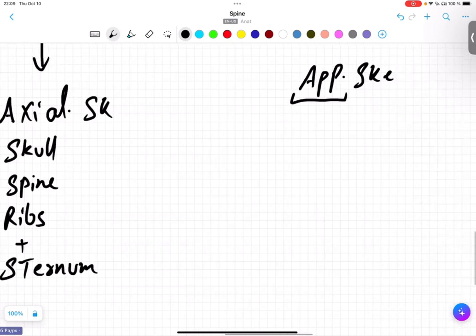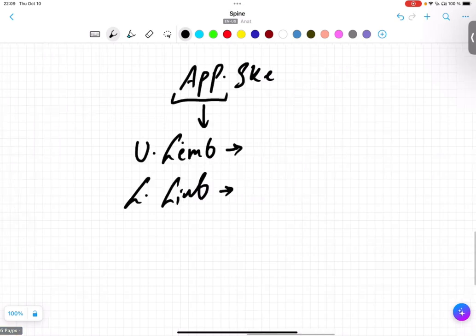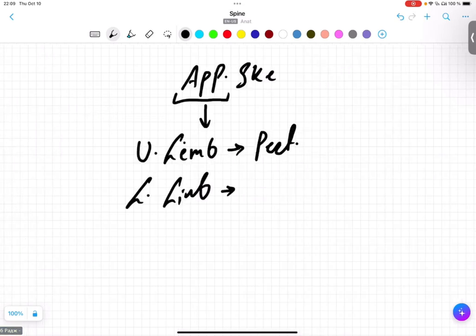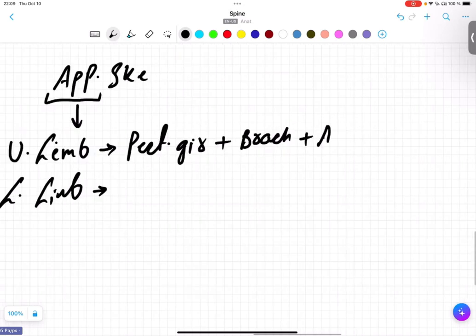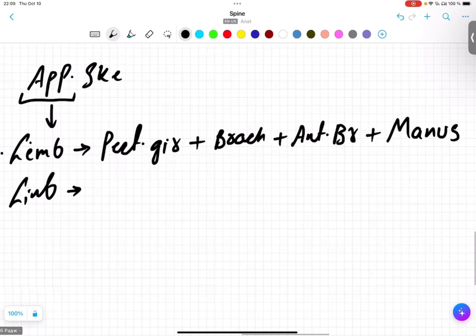What about the appendicular skeleton? What bones will you have here? You will have upper extremities, lower extremities, yes, you will have the bones of the upper limb and lower limb. The upper limb will have pectoral girdle, plus bones of brachium or the arm, bones of antebrachium or the forearm, and the bones of hand or the bones of manus.